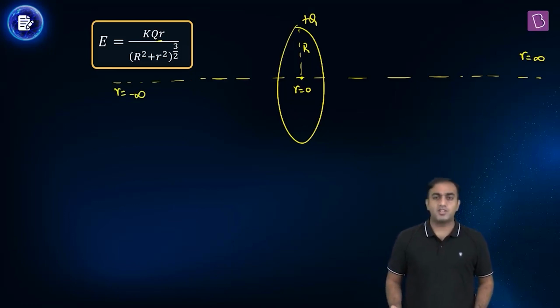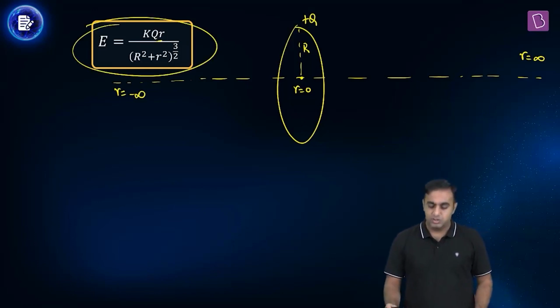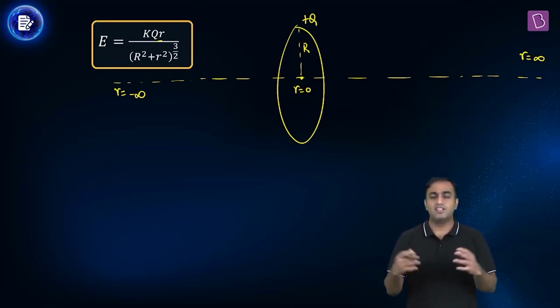We are looking at the variation of electric field intensity in magnitude all along the axis. How do you do that? Well, consider this expression. You know that at the center of the ring, the electric field intensity turns out to be 0 in magnitude. What happens to its magnitude on either side?